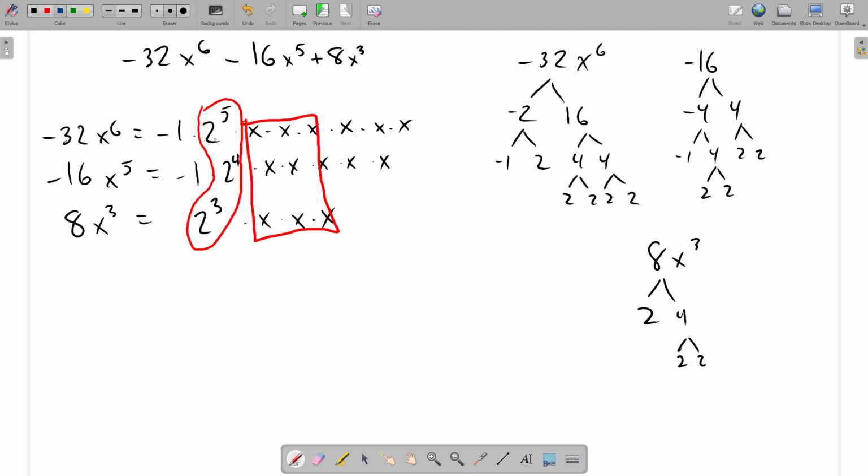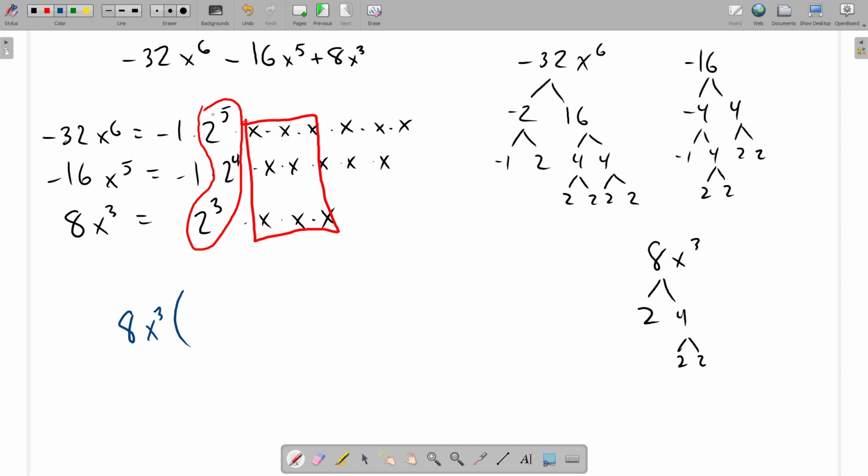So my greatest common factor is going to be 2 cubed, so 2 times 2 is 4, times 2 is 8, x, and x cubed. And what's left up here? Negative 1, x, and then 2 of these 2's.